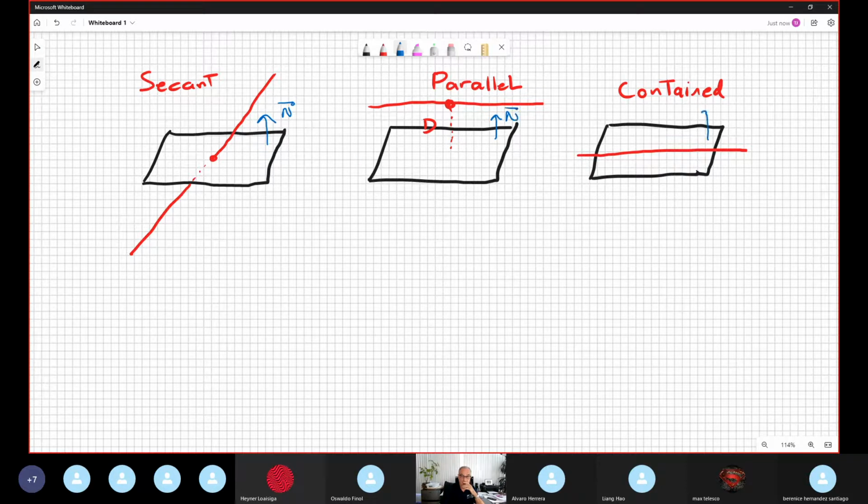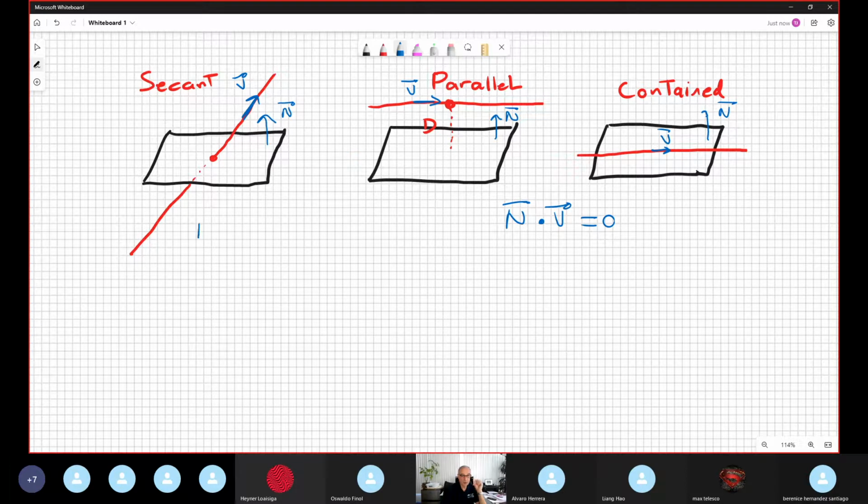And if you perform the dot product between the normal vector and the direction vector of the line, look, the direction vector is a vector here in that direction, B. It's in that direction or in that direction. It doesn't matter, the direction is not important. You perform the dot product, in this case it is 0 because they are perpendicular, right?